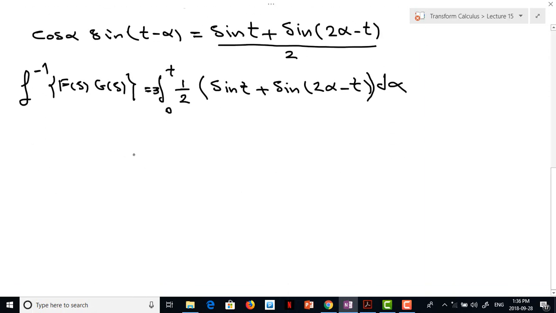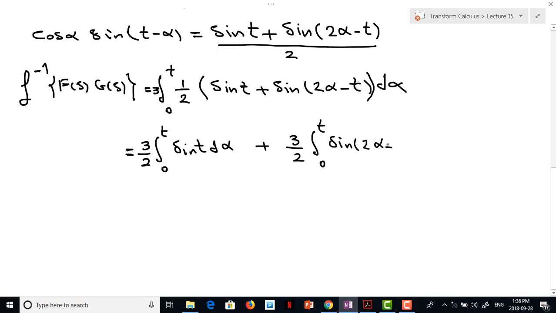So it's equal to 3 over 2, the integral from 0 to t of sine t d alpha, plus 3 over 2, the integral from 0 to t of sine (2 alpha minus t) d alpha. Now we have to find integral of sine t d alpha.